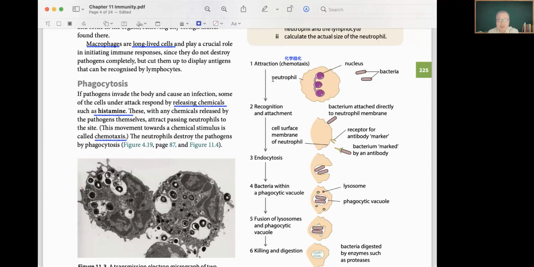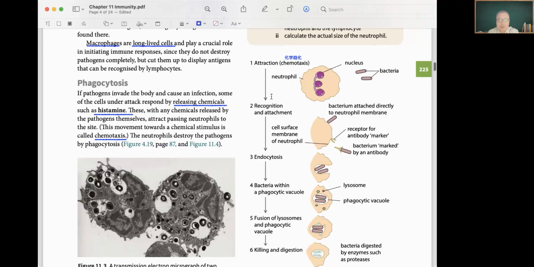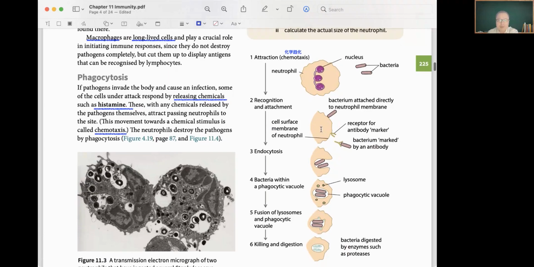For example, the neutrophil will get closer to the bacteria. This is called attraction, attract each other. Second, the recognition and attachment. So this is bacteria, and the bacteria are directly attached to the neutrophil membrane, and on the surface of the neutrophil there is a receptor.